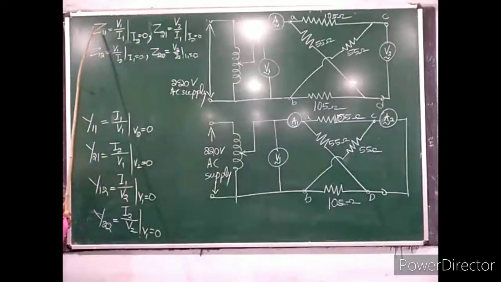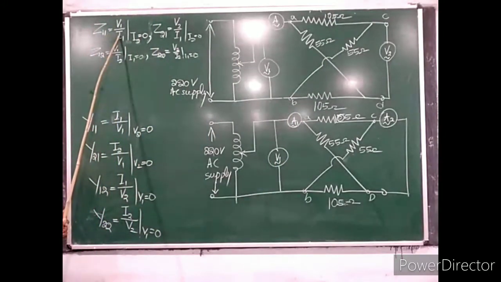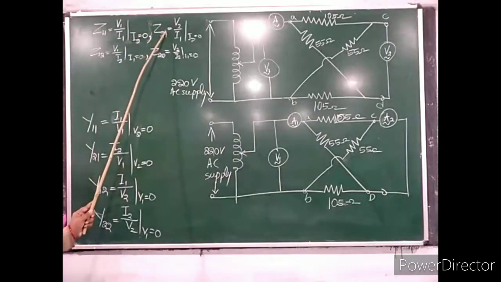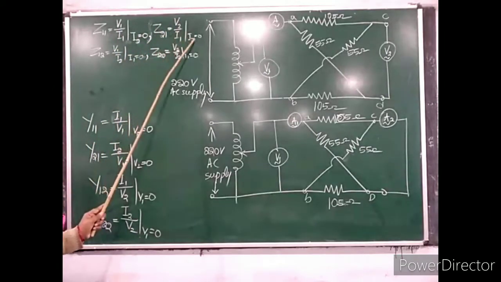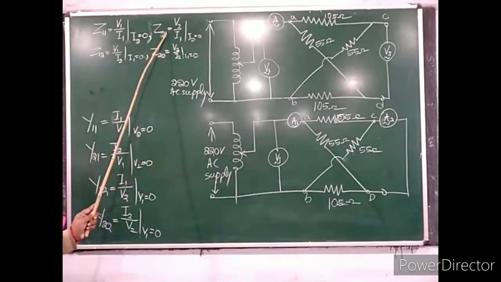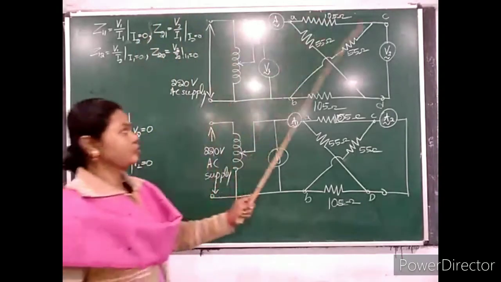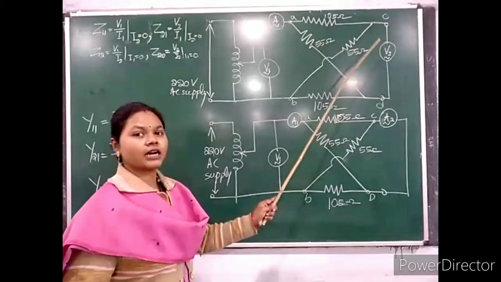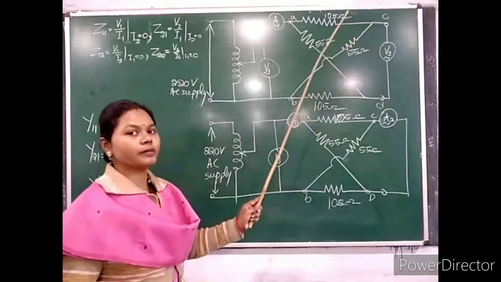So Z11 is V1 by I1 when I2 equals 0. Z21 is V2 by I1 when I2 equals 0. These are the Z parameters when you open circuit the output port, which means output current I2 becomes 0.